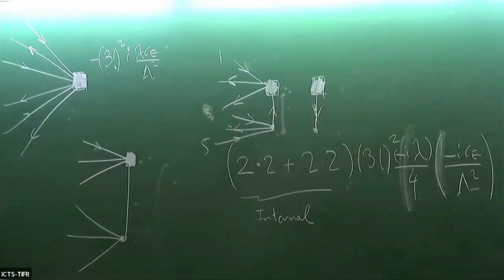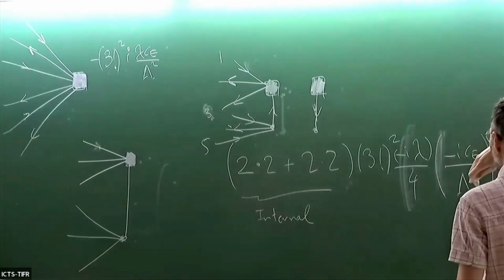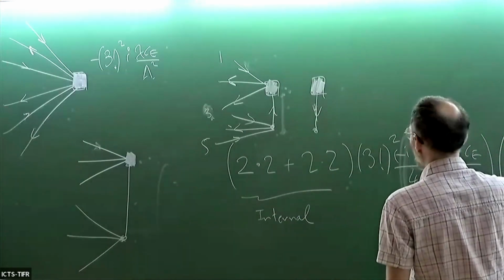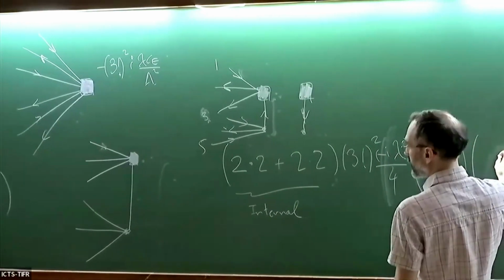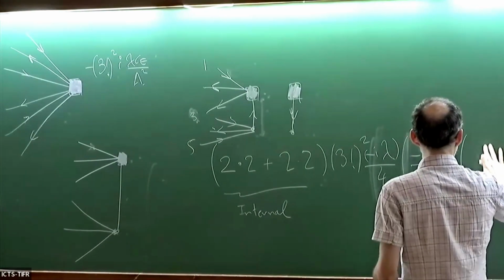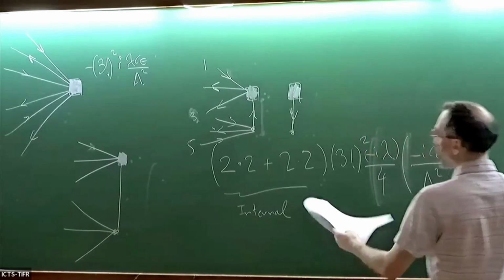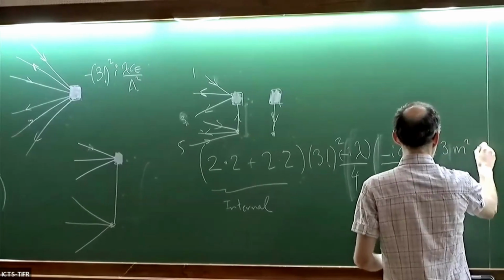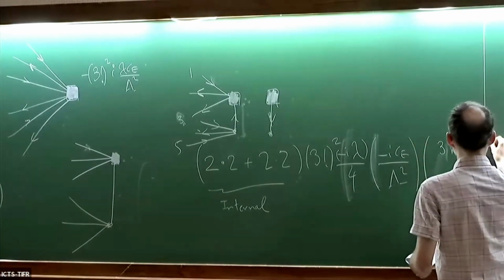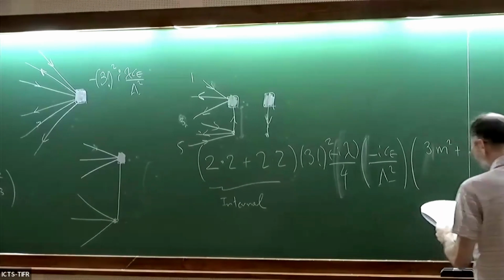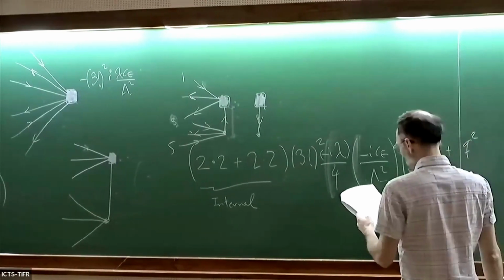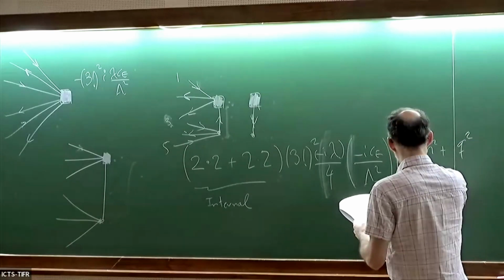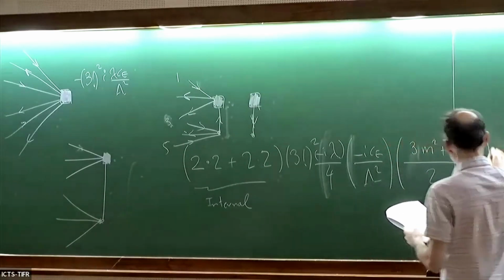In here, I've done it externally, so I have to divide that by those combinations. That will be, long story short, minus, I pulled the minus out front, so 3 of those will be out of the external particles. So there's going to be 3m squared, and one of them is going to be the particle we exchange, q squared. But this will be over 2.